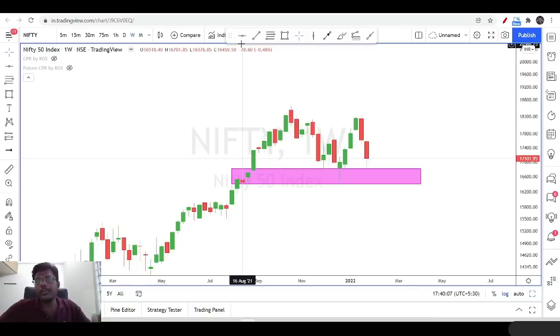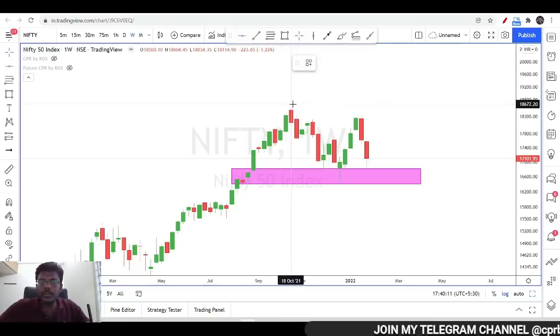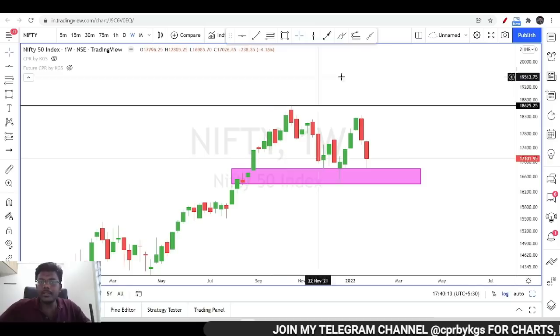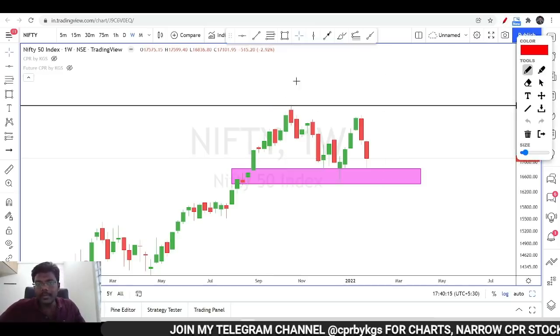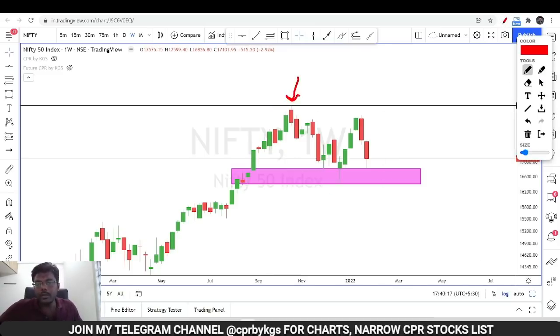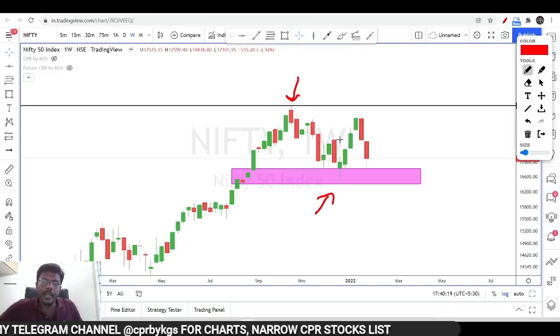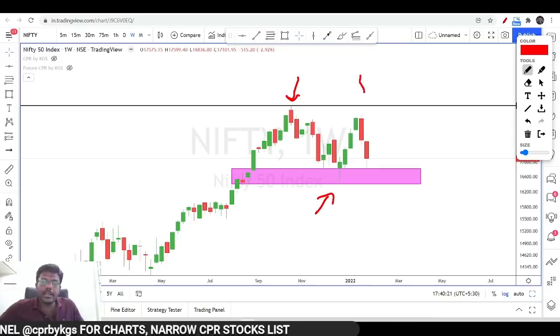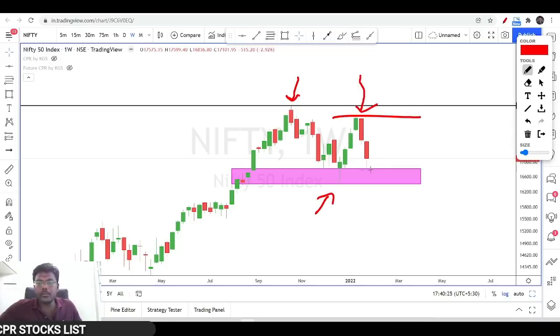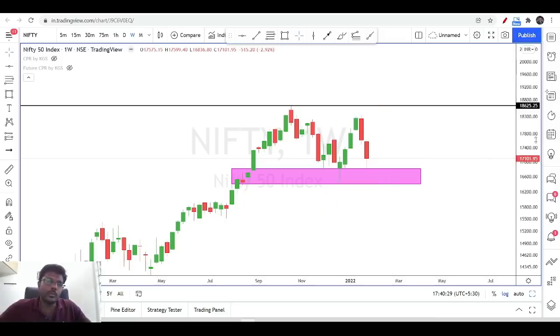Now I am going to draw resistance in a similar way. This is the point where Nifty reversed earlier and there was a steep fall till this support zone. Once again the candle rejected this particular level and then the market started to fall, and once again the candle landed towards the support zone.